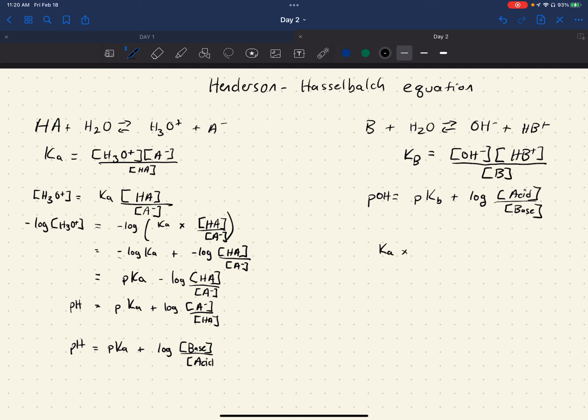So the negative log of Ka plus the negative log of Kb equals the negative log of Kw. So this is pKa plus pKb equals negative log of Kw, and Kw is 1 times 10 to the minus 14, so that's just a constant of 14. This is another thing that, as we're approaching these, we might need.